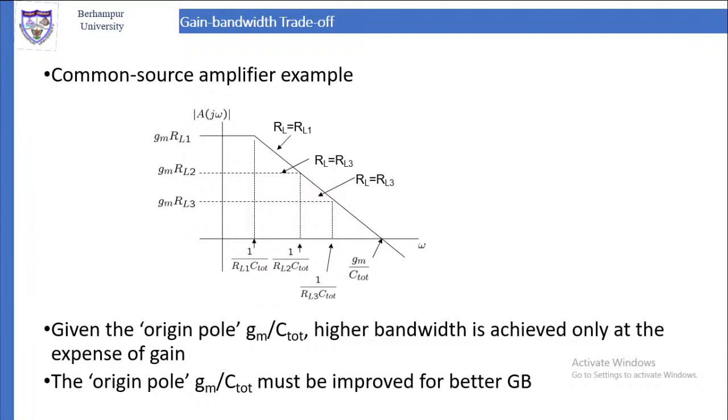Gain in dB is log of V1 square by V2 square, which is equal to 2 log of V1 by V2. If you take its half value, this will be 1 by root 2, which is 0.707.